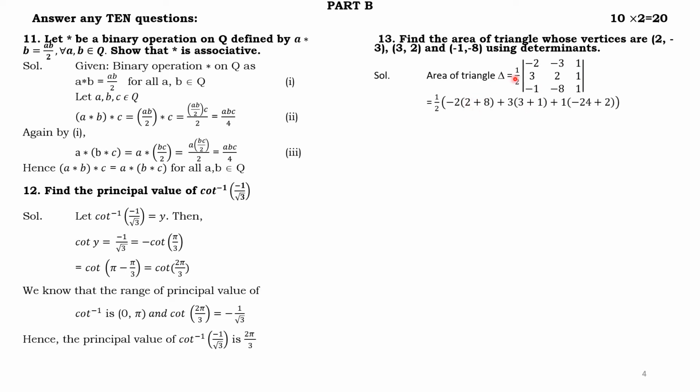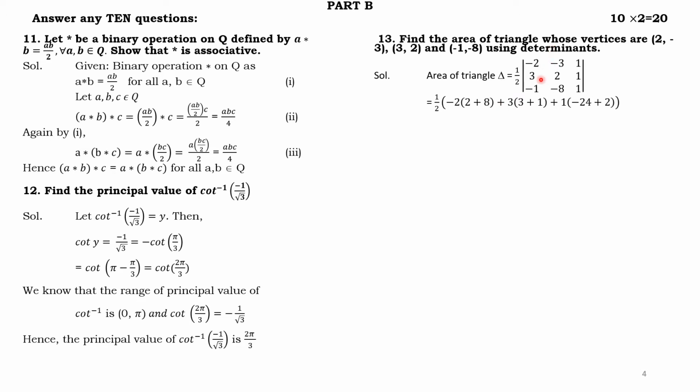Therefore, simplifying, half into, take 2 into 2 into 1 is 2, minus of minus is plus, so 8, 2 plus 8, plus here it becomes, this is plus, this is minus, this is plus sign. So this outside minus sign into minus 3 becomes plus 3.